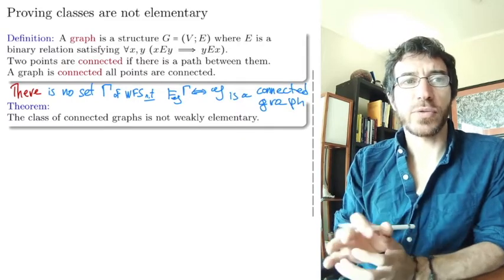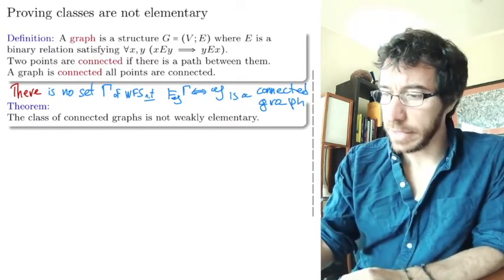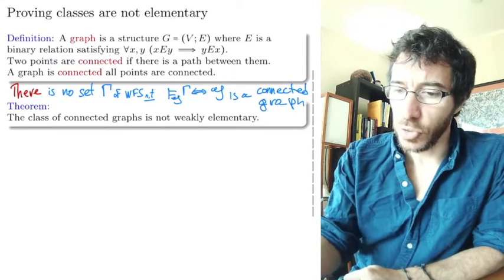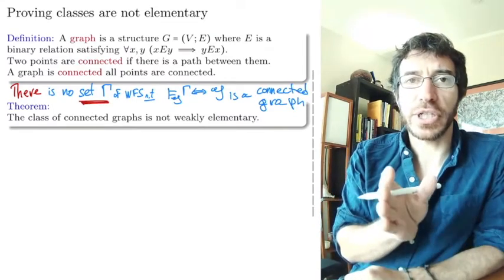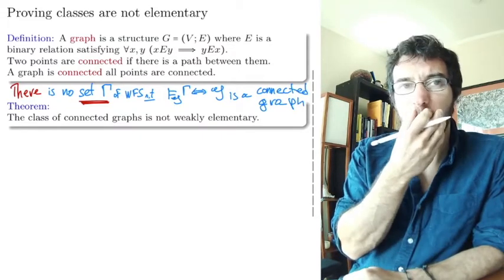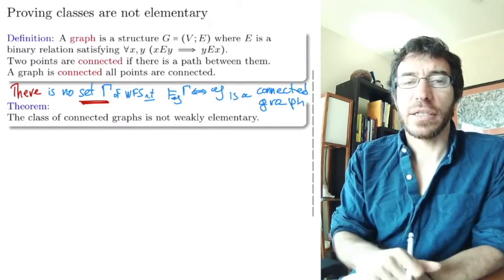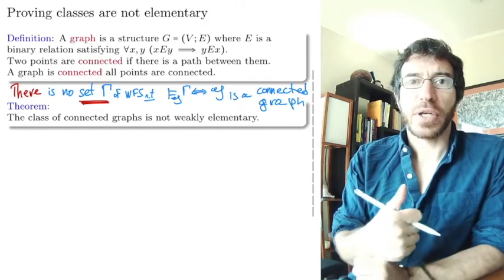That's what I mean by saying that this class is not weakly elementary. There is no set, not just no sentence, not even a set of sentences, such that being a model of it is exactly the same as being a connected graph.